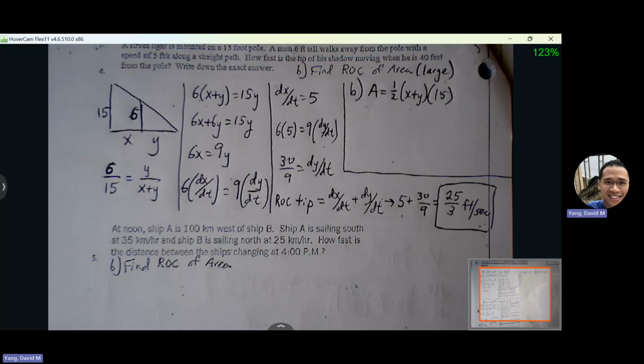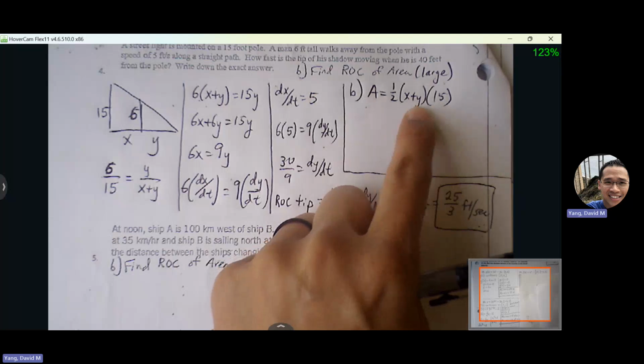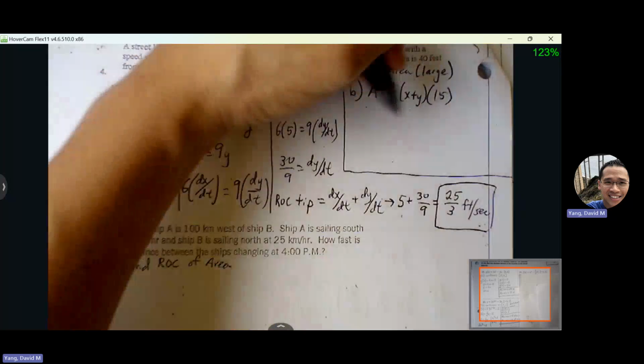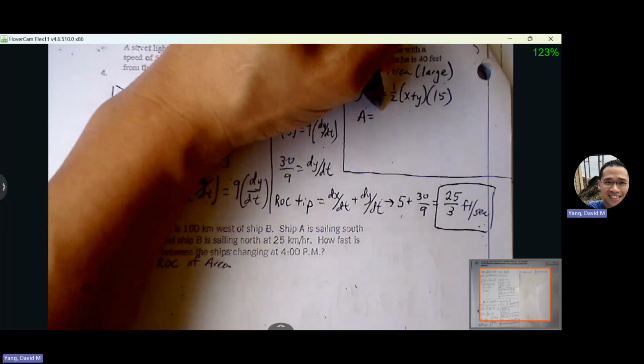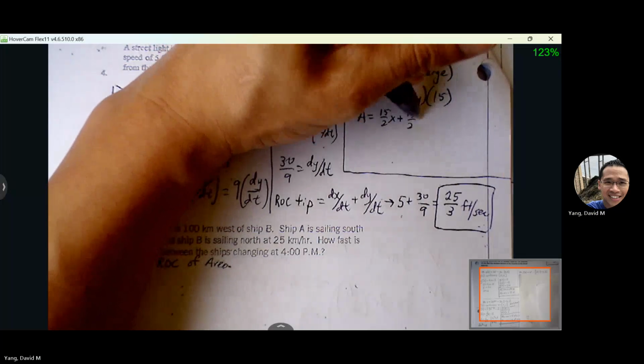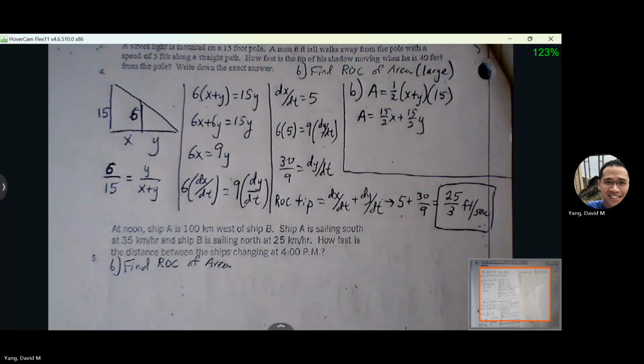All right, do we need product rule here? I think we only need product rule if you have a variable multiplied with another variable. Here, we could, but we don't have to because it's just a coefficient, right? I think power rule should be enough. So I'm going to distribute that 15/2 through. There's no need for product rule because I can just do dx/dt plus dy/dt in dA/dt.